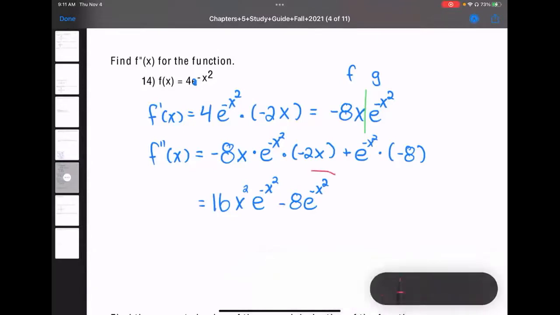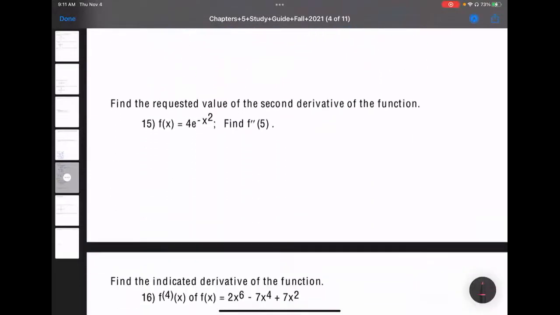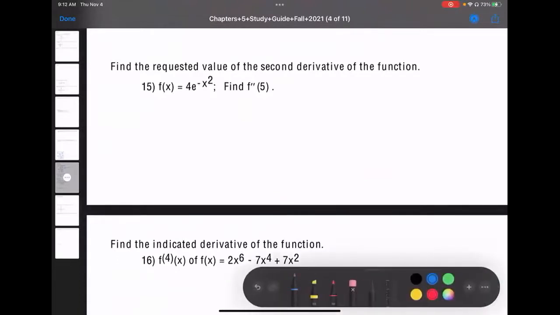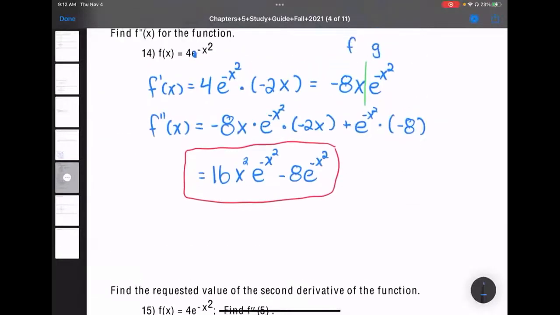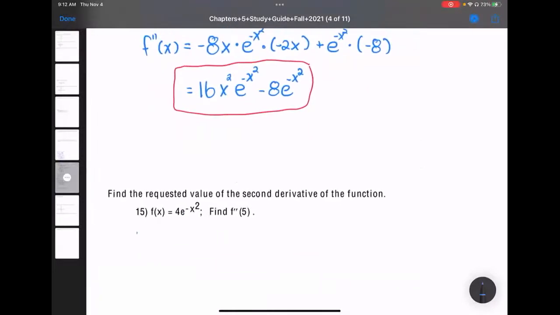Okay, and that's our answer for number 14. And now we're going to just find the value of the second derivative of the function we just solved when x equals 5. So here we simply plug it in.